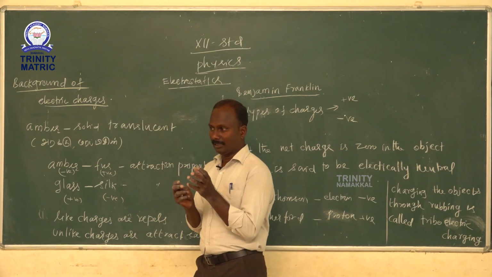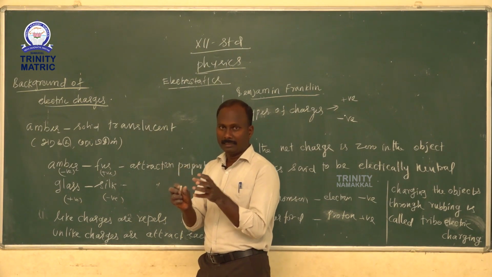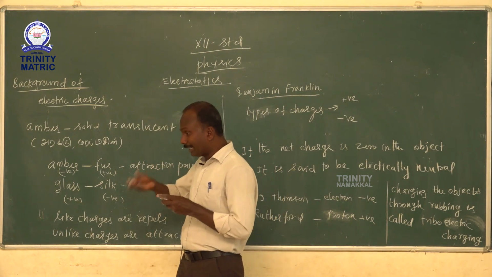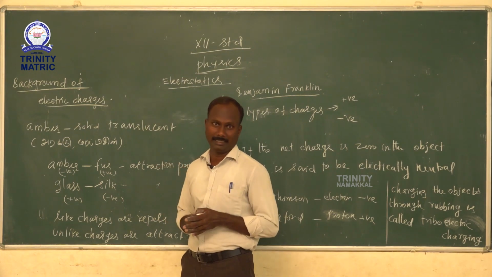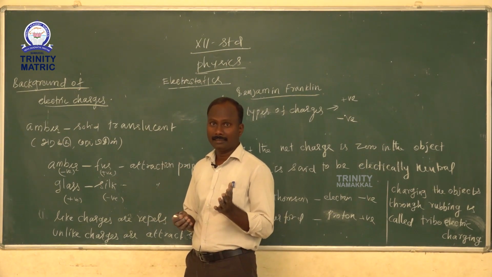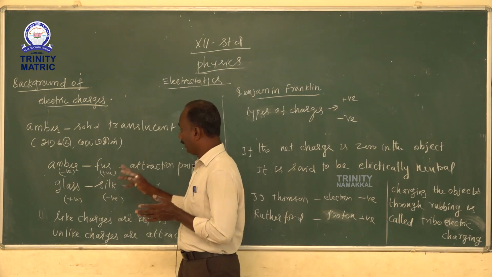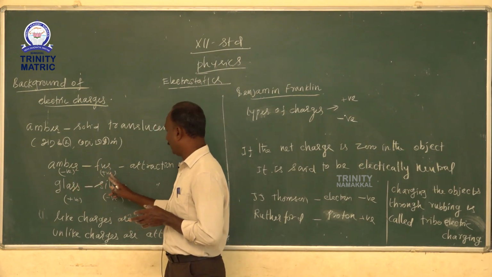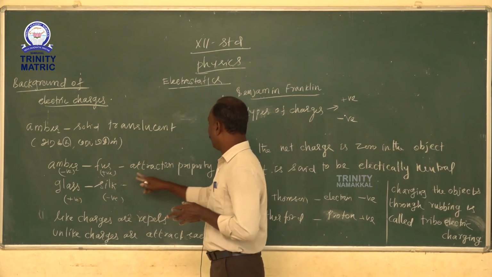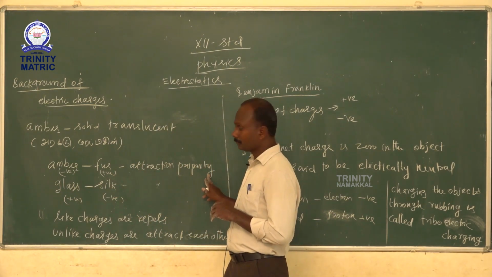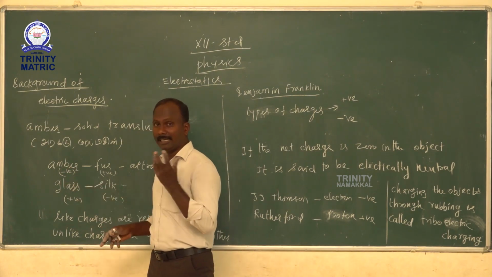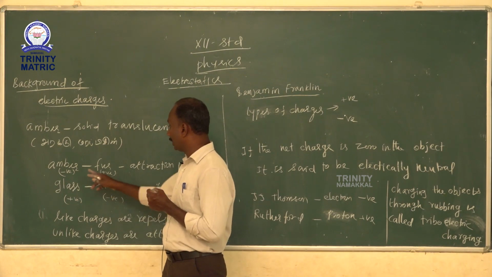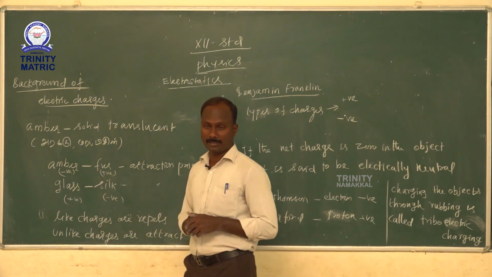So the scientists wondered how the amber attracts pieces of paper. It creates an attractive property when rubbed with fur or another object. When the amber is rubbed with fur, it acquires the attraction property. The amber acquires negative charge and the fur acquires an equal amount of positive charge.